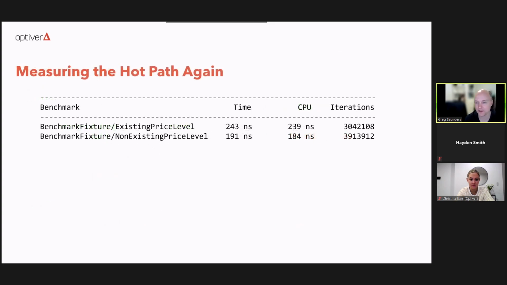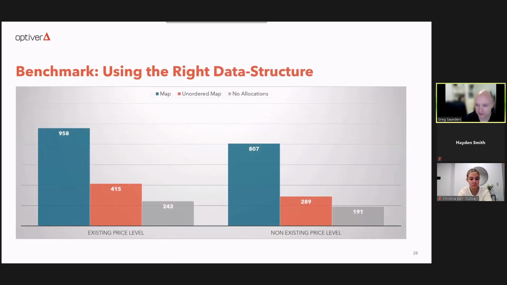So let's take a look, and lo and behold, by making that change, we've cut the time down now to 243 nanoseconds for the existing price level and 191 for the non-existing price level. All right, so there it is in chart form.